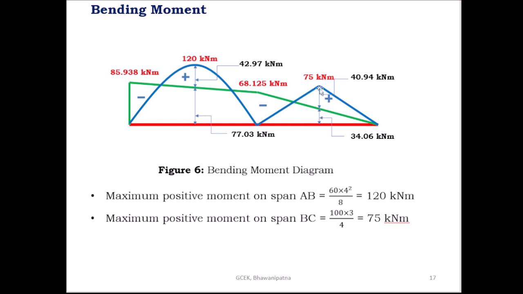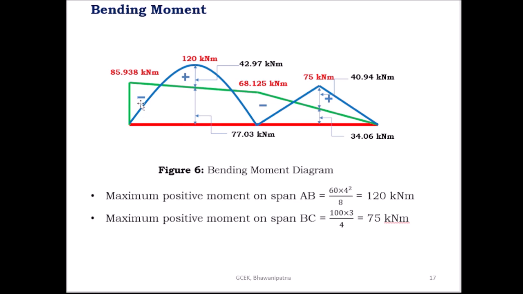But the total ordinate is 75 kilonewton meter. Then the maximum positive moment on the span BC is 75 minus 34.06, which is equal to 40.94 kilonewton meter.